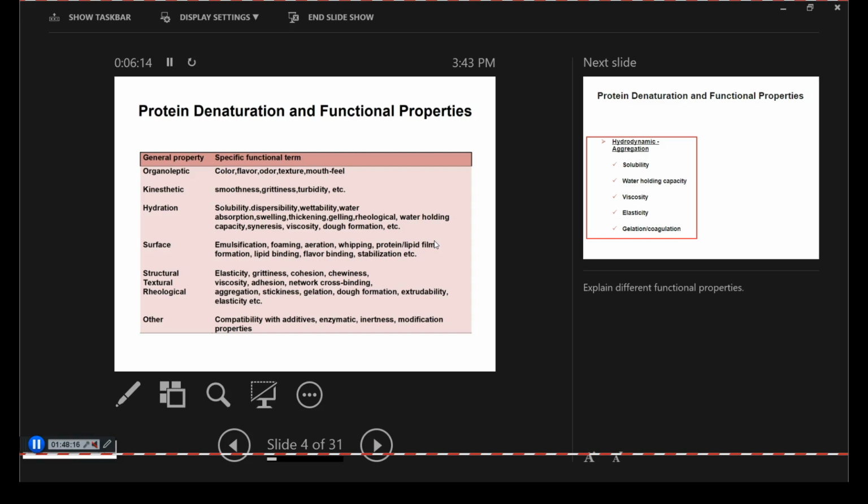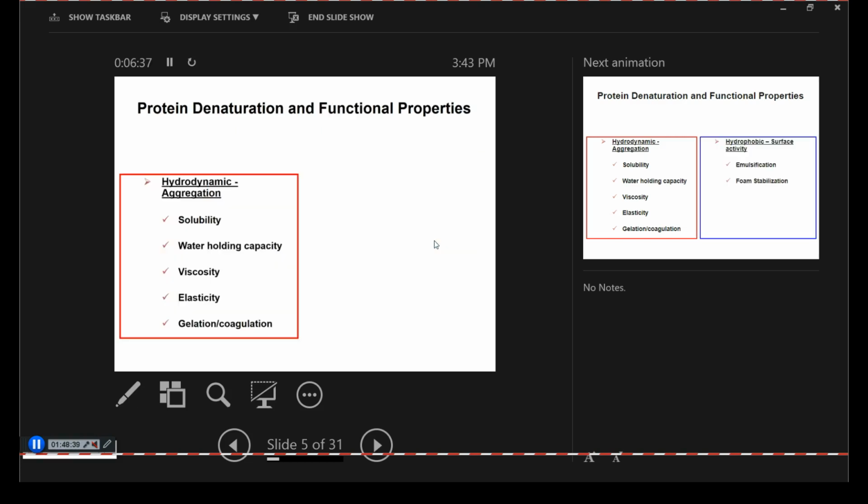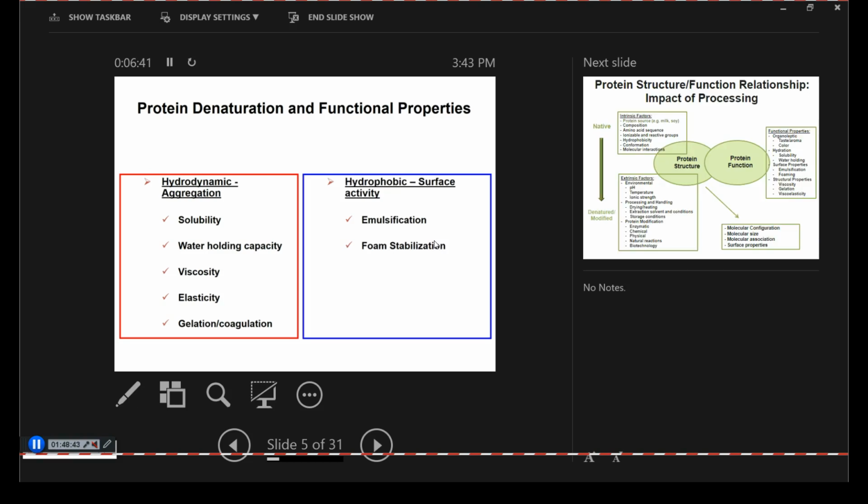And then there are other less important ones. This table summarizes the categories or general properties and the specific functionality related to them, so it's a good studying table. Next time, we're going to talk more about the interaction with water versus the surface activity and go from there. Okay.